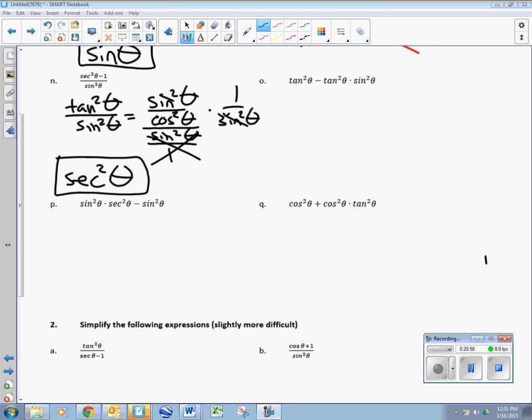After that, you have to rewrite it: sine squared over cosine squared over sine squared over 1. When you multiply by the reciprocal, what happens to the sine squareds? They cancel. Is the cosine left in the numerator or the denominator? It's in the denominator. You get 1 over cosine squared. And we know that 1 over cosine is secant, so we get secant squared.